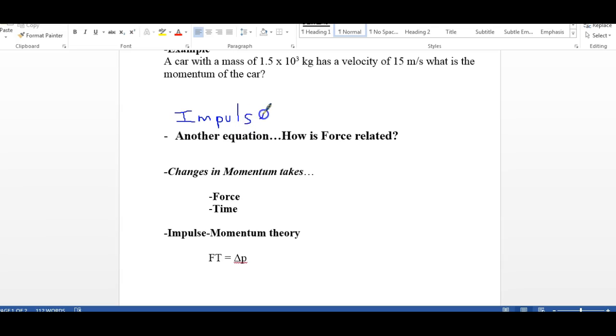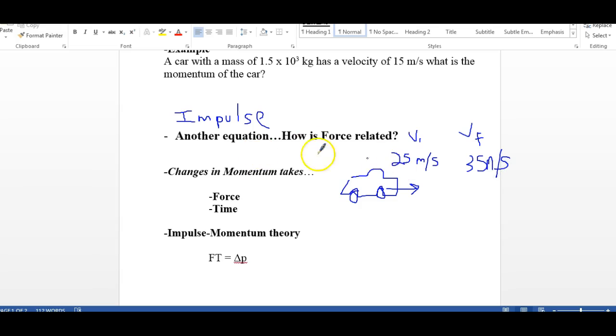And if you think about it, if we want to change the momentum of something, so if a car is moving at a certain speed down the road, say it's going this way, and it's going 25 meters per second, this is our velocity initial, and let's say we actually want to speed it up. So velocity final is going to be 35 meters per second.